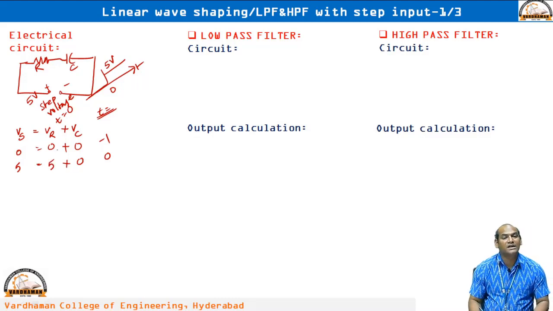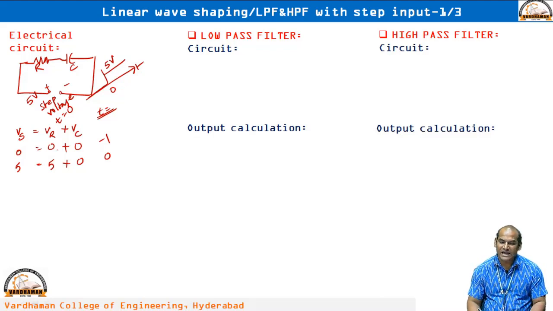What is the meaning of this? Suddenly at t is equal to 0 we have provided the discontinuity of 5 volts, and that 5 volts is taken suddenly by the resistor only, not by the capacitor. So, the capacitor does not allow sudden changes in voltages, but a resistor can take sudden changes.